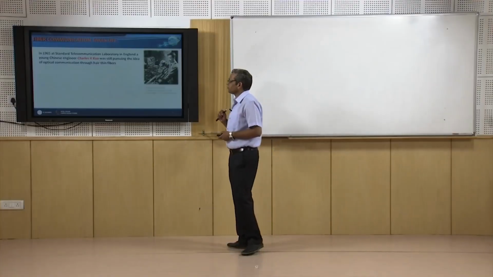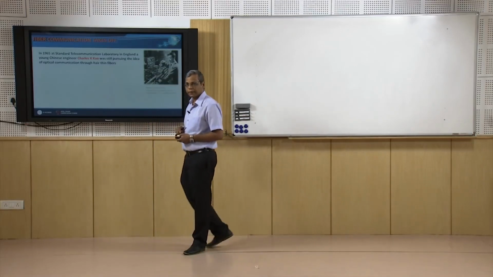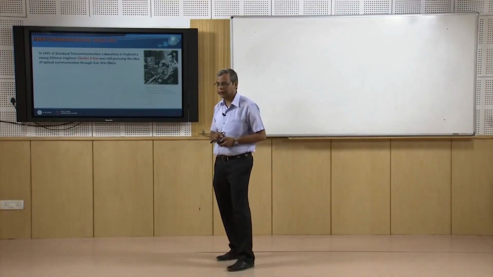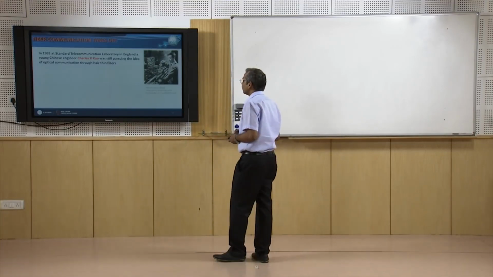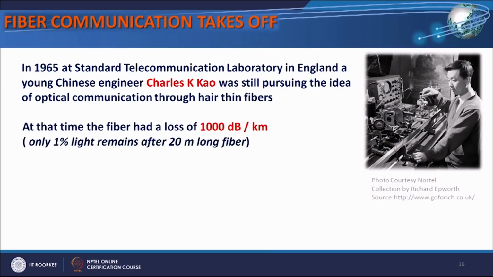But at that time, a young Chinese engineer, Charles Kao, was still pursuing this idea of communication using optical fibers, and at that time, let me tell you, the loss of optical fiber was 1000 dB per kilometer.